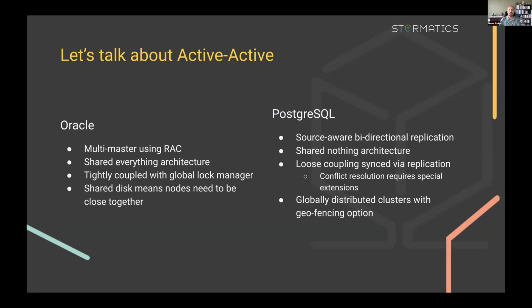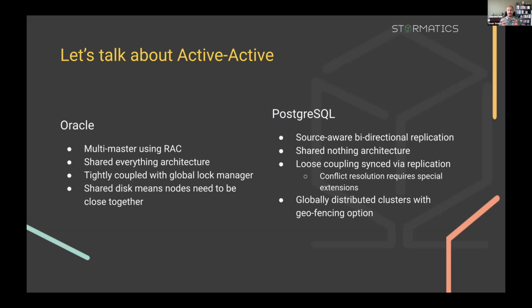Now, the way that works is RAC has a shared everything architecture where you have a single storage and you have multiple nodes that share that storage. And it is at the storage level where the global lock manager exists. And it is that manager that manages the conflict resolution and committing or rolling back a particular transaction.